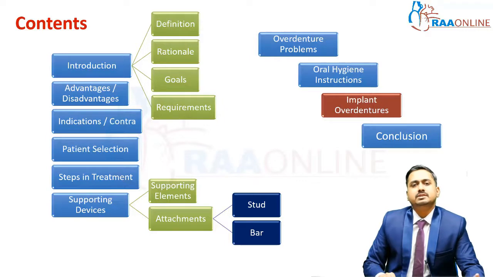Then we will discuss the problems we can face after the treatment, and the oral hygiene instructions you have to deliver to the patient at the time of insertion of the prosthesis. Then we will see implant overdentures. We will just see the basics, since it is by itself a separate lecture class. Then we will conclude the discussion for the day.